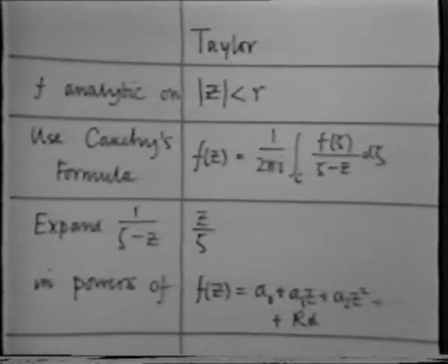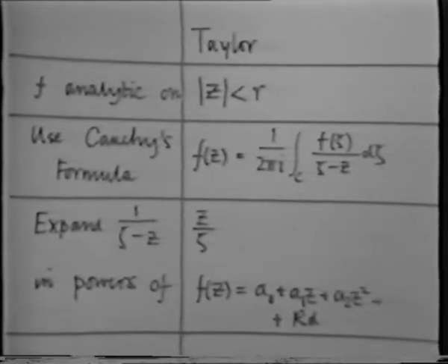On the left-hand column here, we've got the steps in the argument for the proof of Taylor's theorem. And on the right-hand side, we've got the calculations, if you like. We start off with a function which is analytic, this time on an open disk.